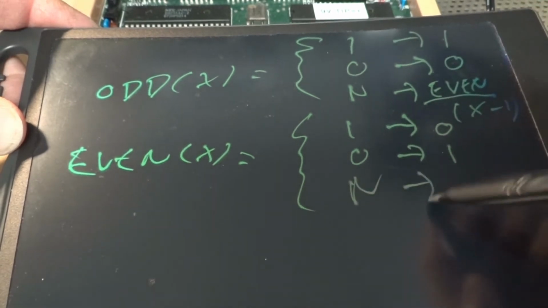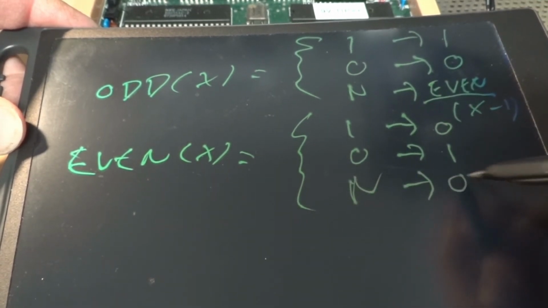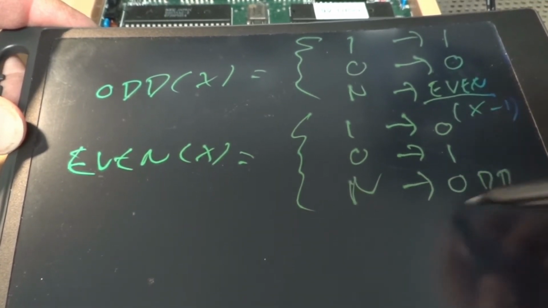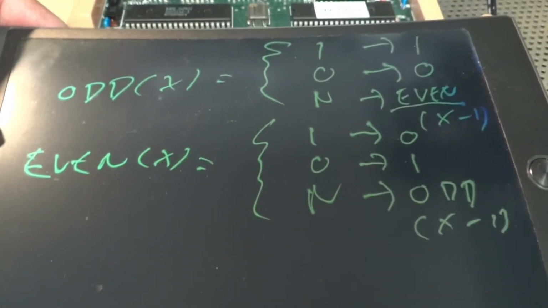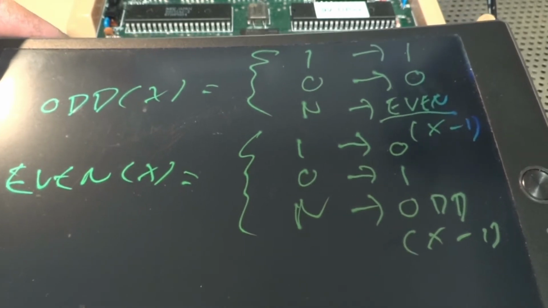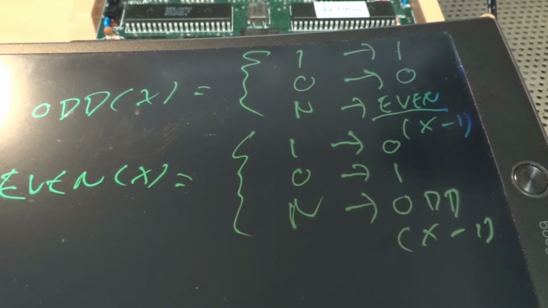Else, if it's not 0 or 1, it's even if the number minus 1 is odd, right? And this is an indirect recursive version, right? Because odd calls even and even calls odd, right? And this is going to be problematic for our rec predicate, which we have just defined, right?